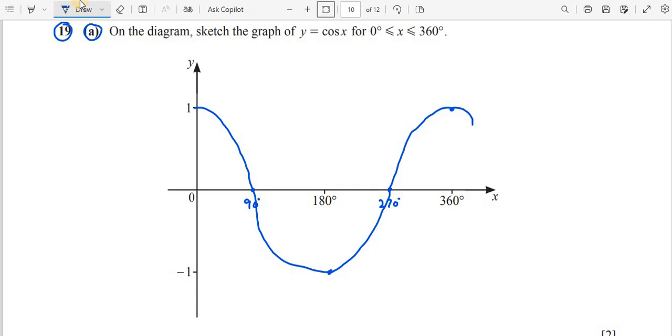This is the required sketch of the graph of y is equal to cos x.